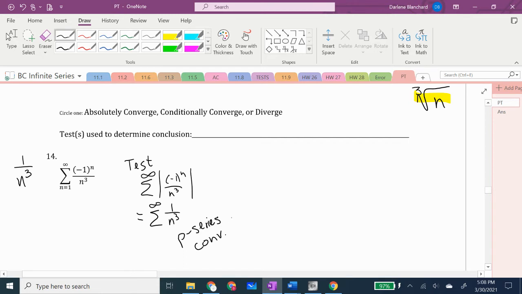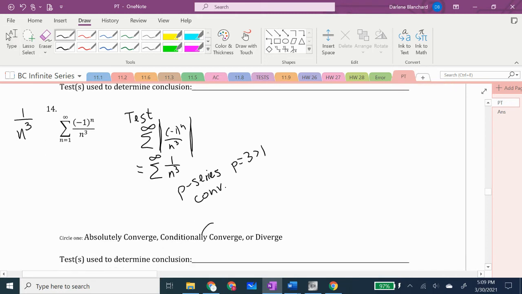It converges because your P is 3, 3 is greater than 1, and in a P series, that's a converge. And because you showed that absolute valuing the terms gave you a converge, you have absolutely converge. And the only test you needed to use was P series.